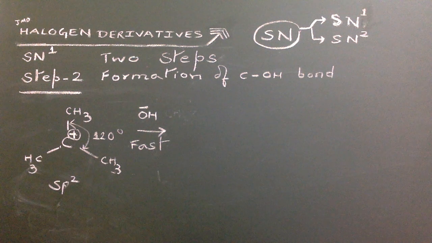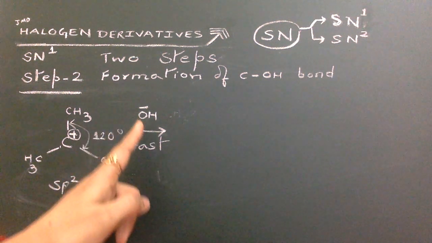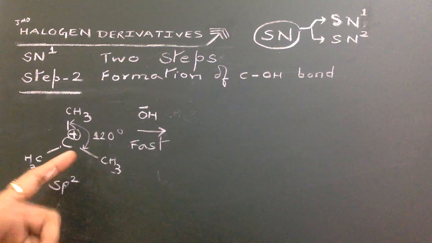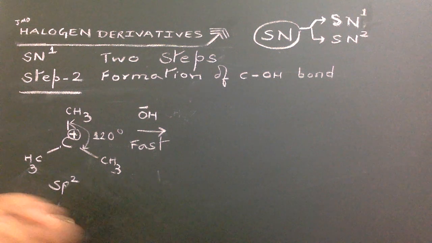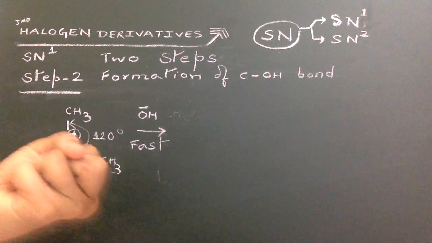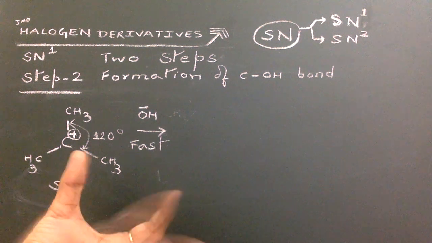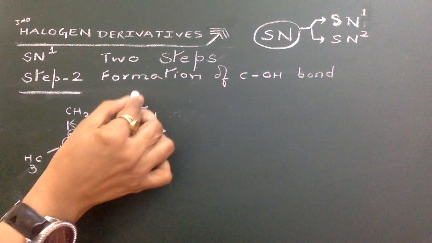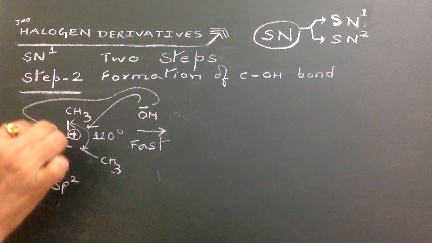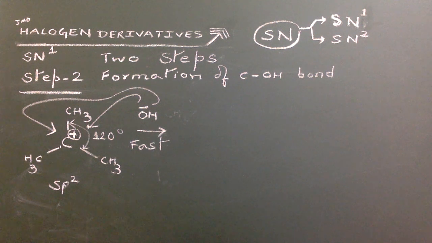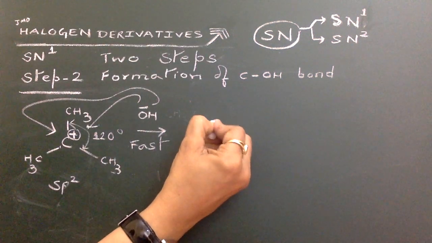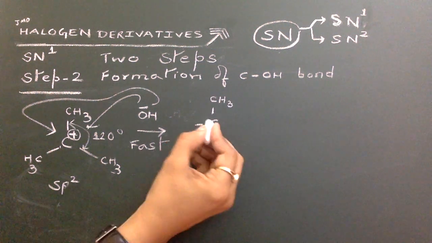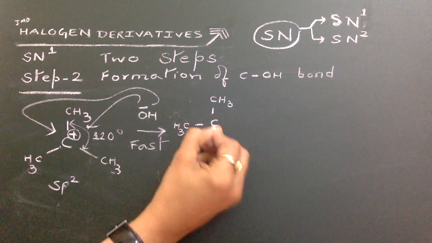Why is it very fast? Because you can see the nucleophile is negative and this carbocation is positive, so they react very fast and it requires very less activation energy because opposite charges attract. Now the nucleophile can attack the carbocation from the front as well as from the back because of the geometry of the carbocation, and we get again a transition state where the bond is not formed but it is forming.